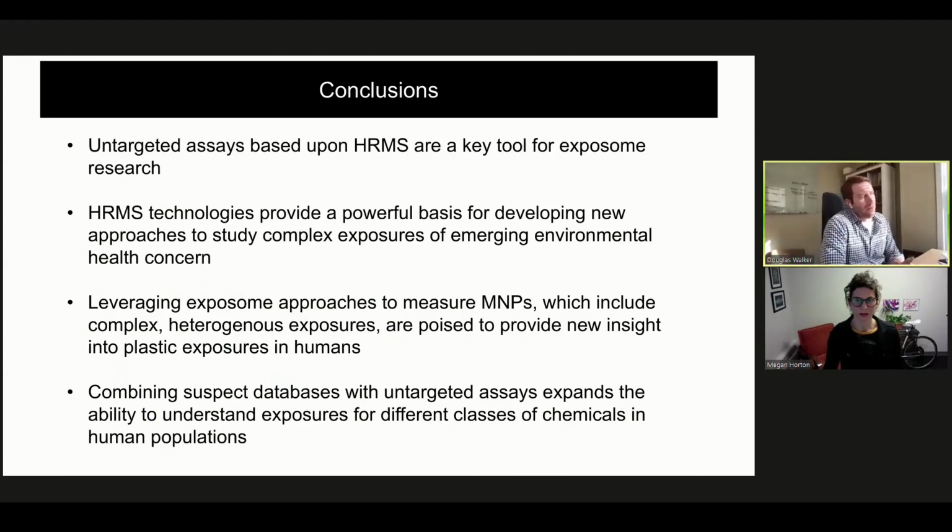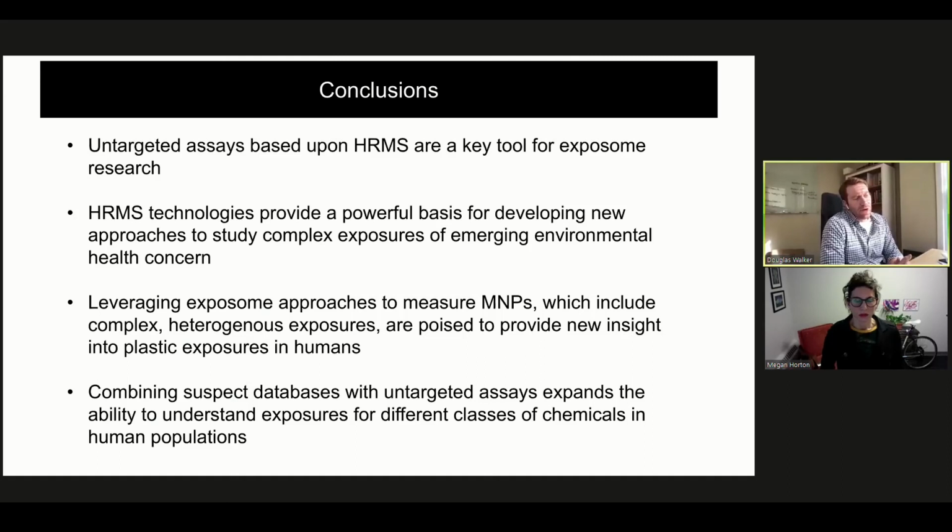So I'm sorry, I went a little bit over, so I'll summarize these very quickly. But the conclusions are that untargeted assays based upon high-resolution mass spectrometry provide a key tool for exposome research and a powerful basis for developing new approaches to study complex exposures.